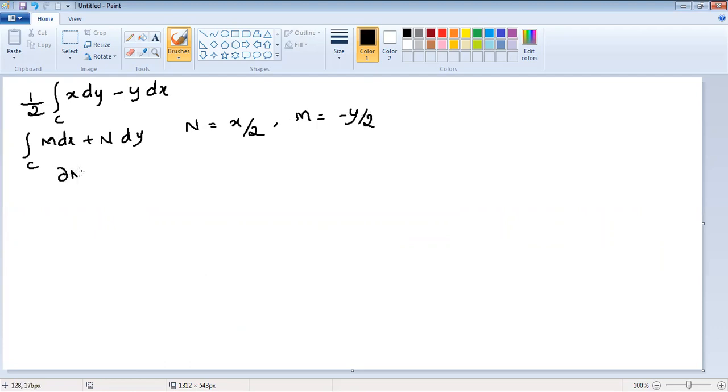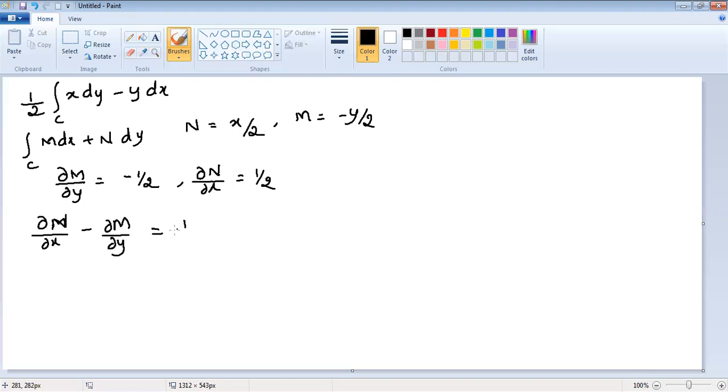So then we want dou m by dou y. So dou m by dou y is minus 1 by 2 and dou n by dou x is plus 1 by 2. And in the formula we have dou n by dou x minus dou m by dou y. So dou n by dou x is 1 by 2 minus of minus 1 by 2, that is 1.